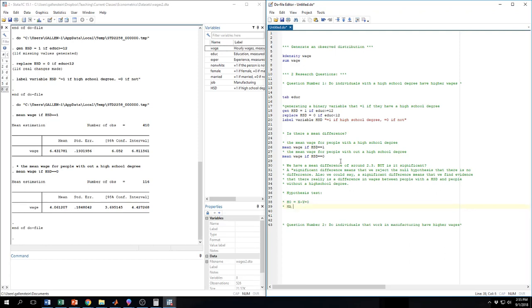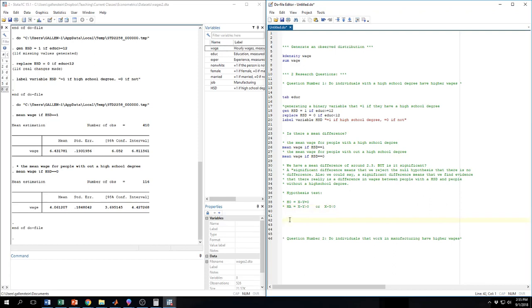Our alternative hypothesis will be that x minus y, so the wages for people with a high school degree minus the wages for people without a high school degree, is greater than 0, or it is less than 0. All right, that is what our hypothesis test is going to be.